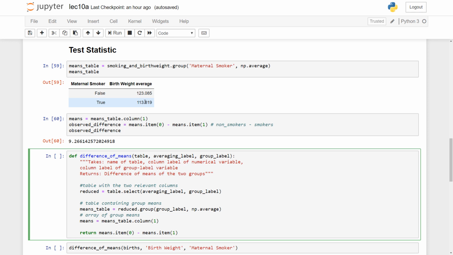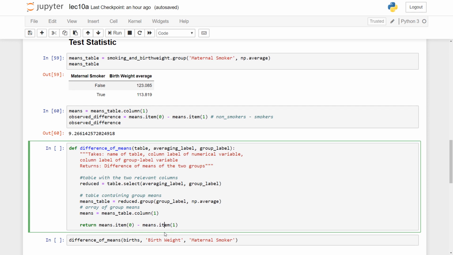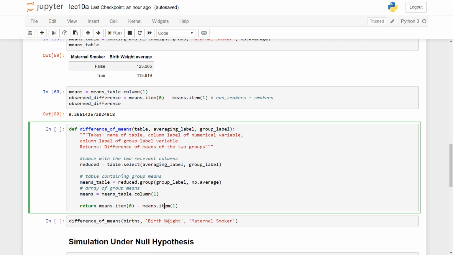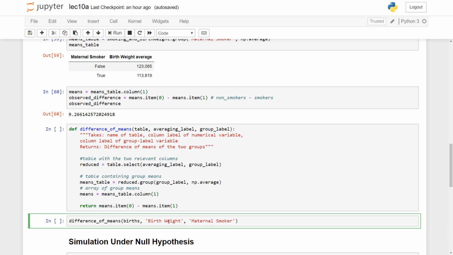This is exactly what we defined in the slides. So large values here mean that the average weight for non-smoking is higher than the average weight for smoking, which will favor the alternative hypothesis.